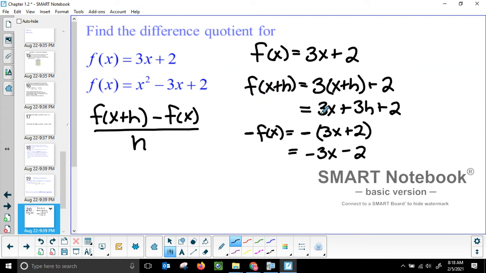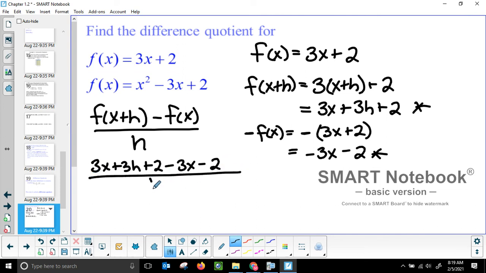So since f of x plus h is equal to this, and minus f of x is equal to this, over here in my difference quotient, I can replace these things with these two things. So instead of f of x plus h, I'm allowed to write 3x plus 3h plus 2. Instead of minus f of x, I'm allowed to replace it with minus 3x minus 2. And that's all still over h.